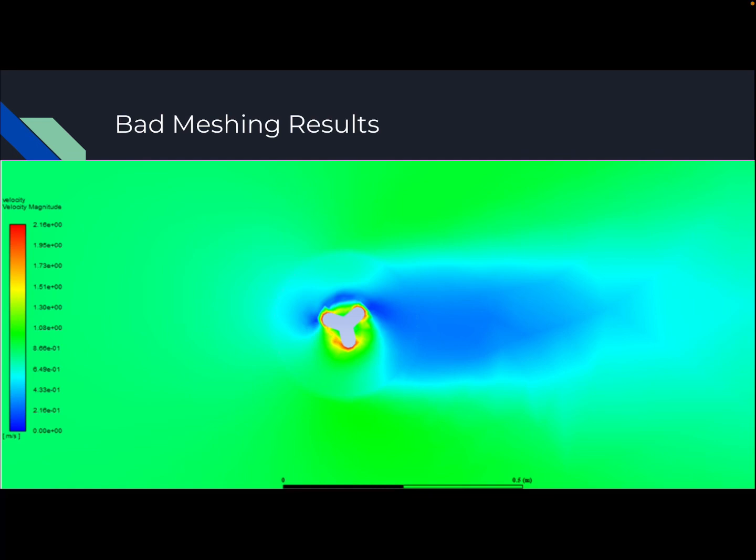All right, so here is the bad meshing result. You can see how between the blue and the green there's a fuzzy point in which it's not very clear what the velocity is, and that is part of the mesh not being as well made. You can also see this light blue ring or circle that surrounds the fidget spinner.